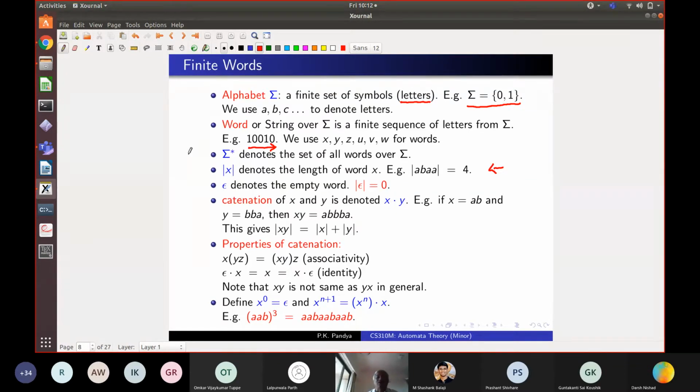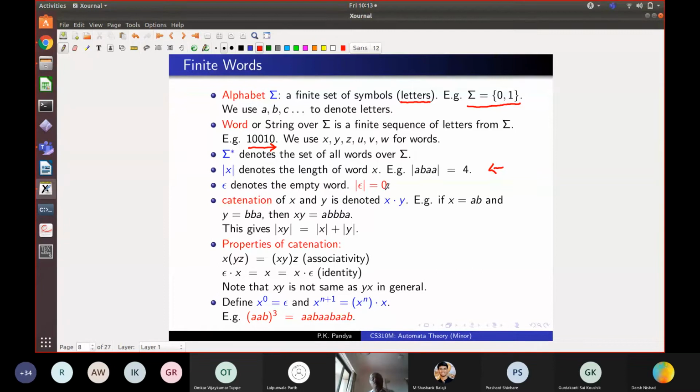So we have to go through a little bit of this kind of understanding before we can begin on the subject matter. So given a word, we can also talk about its length. And the length of a word is denoted by enclosing that word in 2 bars. Okay. So length of ABAA is 4. Length of ABA is 3. Epsilon denotes the empty word, and length of empty word is 0.